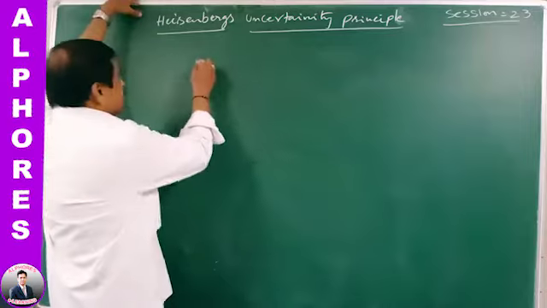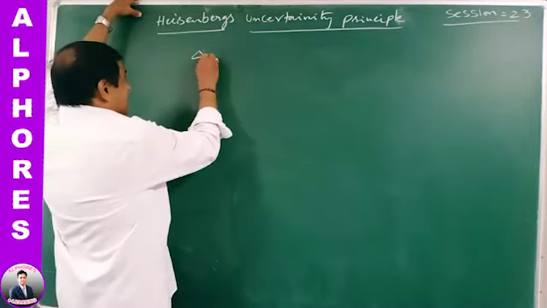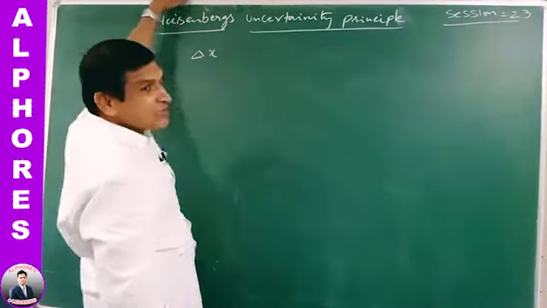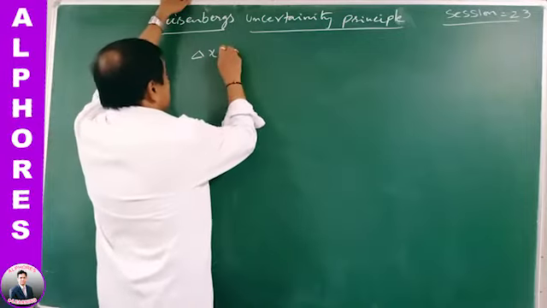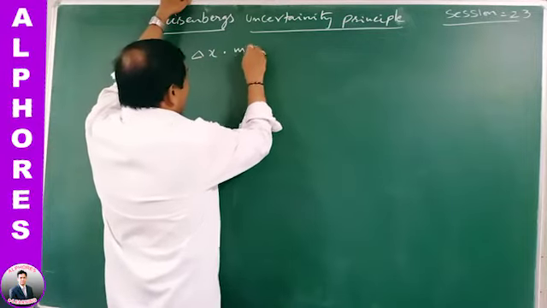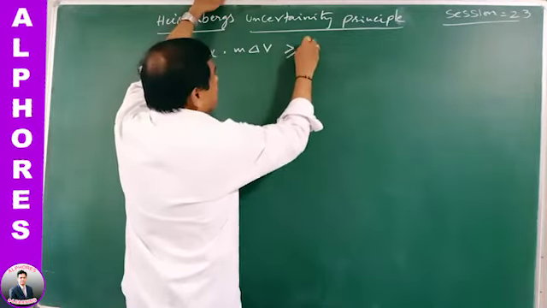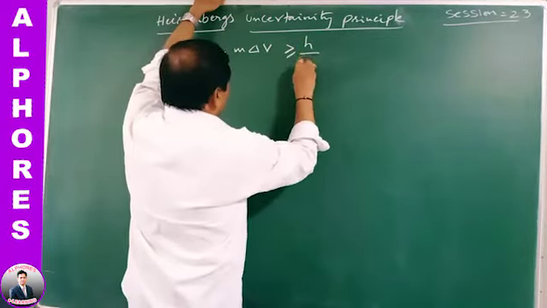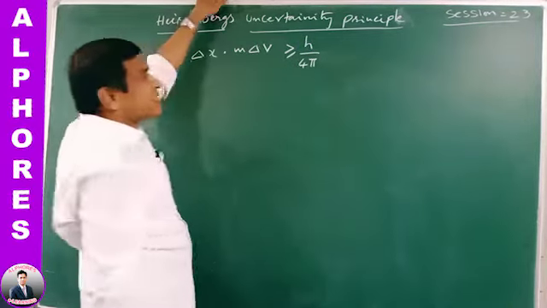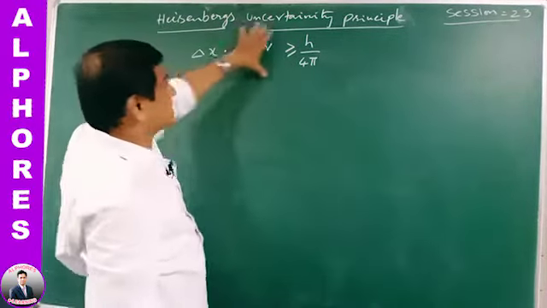Now in this, delta x represents uncertainty in the position, into m delta v, greater than or equal to h by 4 pi. This is the uncertainty principle, mathematically represented like this.